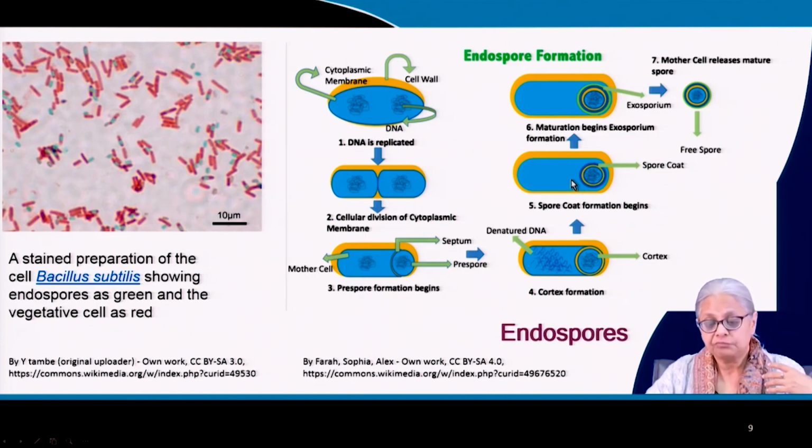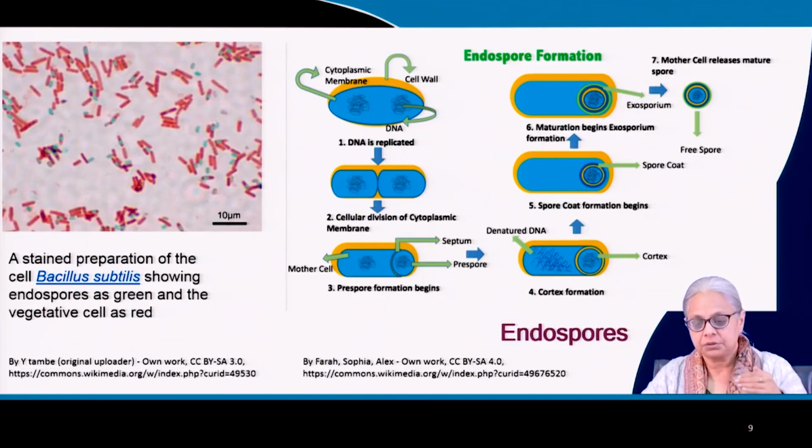The spore coat is formed, and this endospore is now mature enough to survive in the environment, provided the exosporium or the final coat is there. So you have layers. You have the cortex, the spore coat, the exosporium, and when it is released, it's your independent endospore.